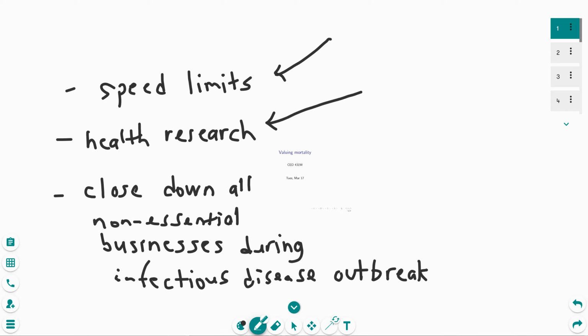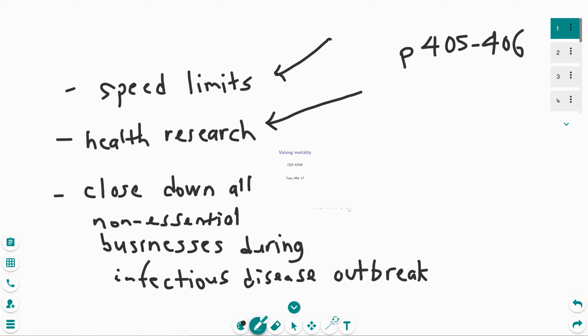I'd actually encourage you to go look at the textbook, Boardman, page 405 to 406, which has a discussion of some of the actual analyses and meta-analyses of these value of statistical life studies.